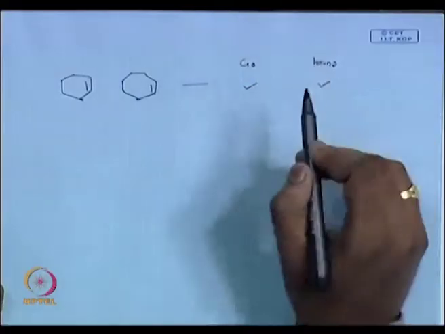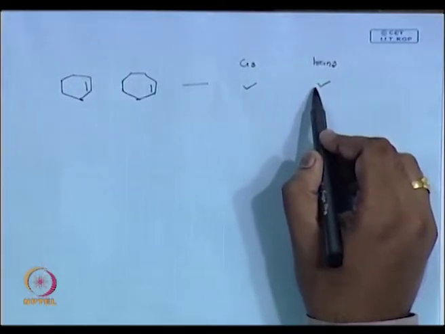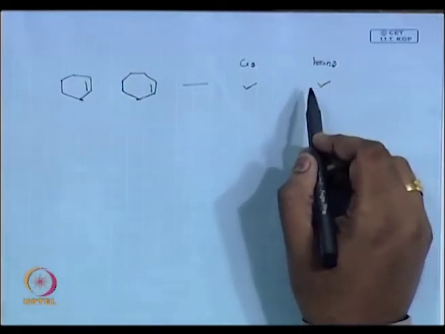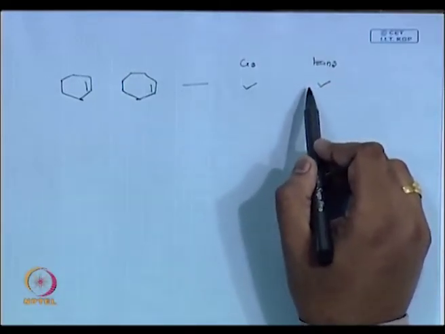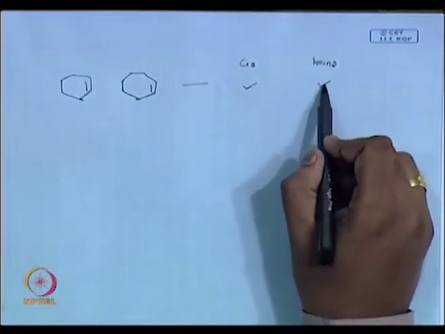Okay, I can give you examples where you can see trans systems in 6 membered rings and 7 membered rings, but the lifetime of your trans is very short. It will be 9 microseconds, 10 microseconds, and people have trapped the trans form. We will see those examples.